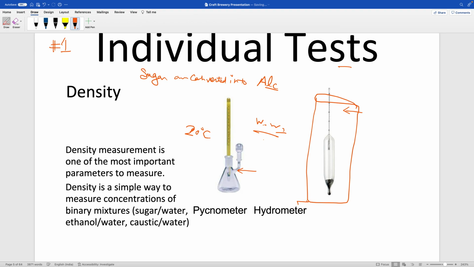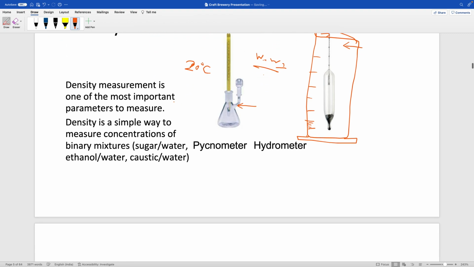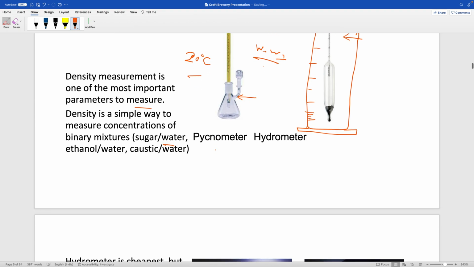We fill it with beer, and then the hydrometer floats, and then we see the reading over on the stem. As we can see, it's an important parameter to measure because sugar conversion happens, and we can see how much ethanol or alcohol by volume is produced in your beer.